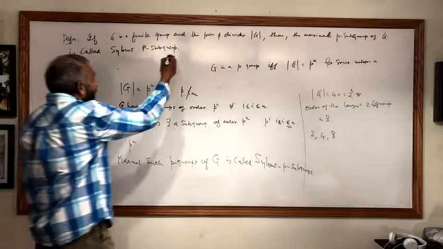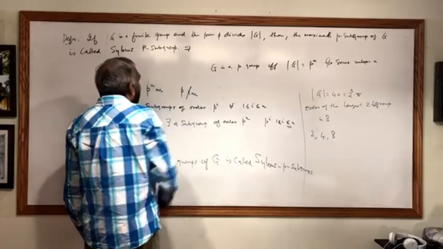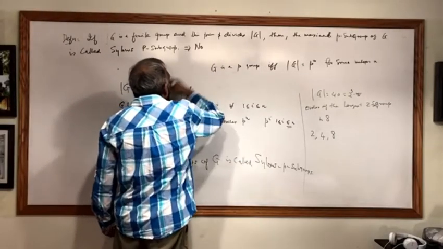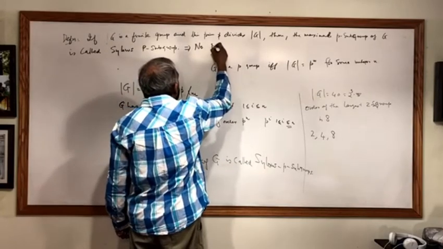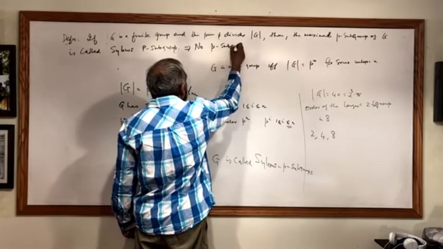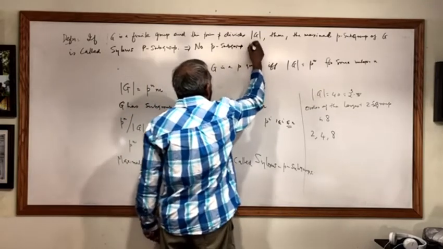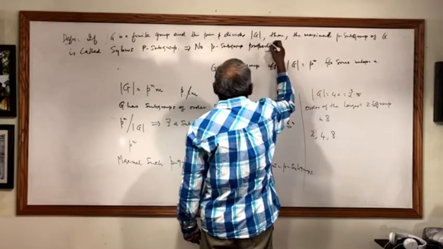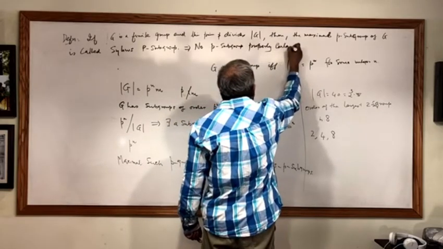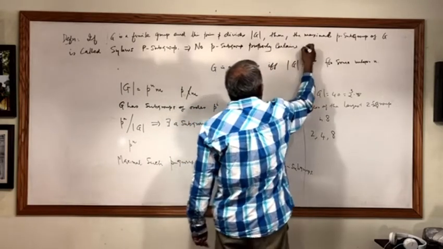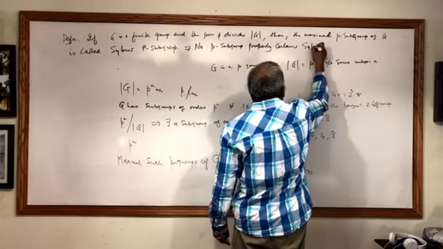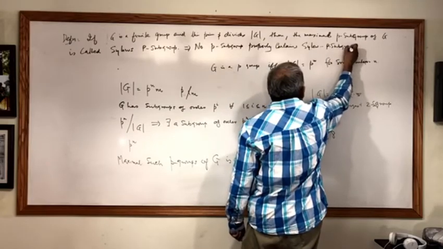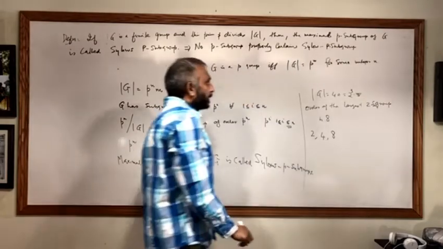And that implies no p subgroups properly contain Sylow's p subgroup. It's a maximal element.